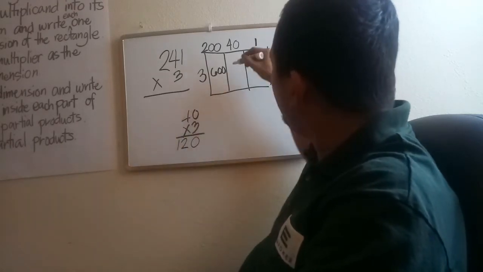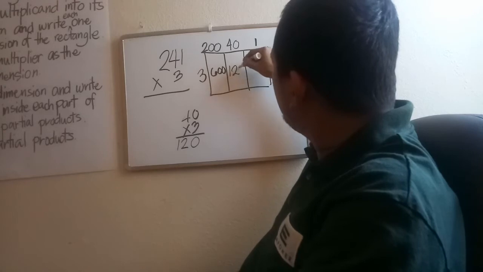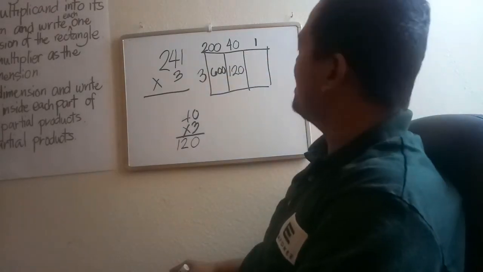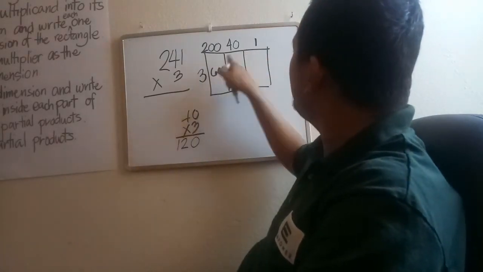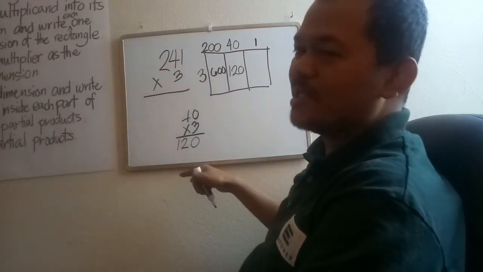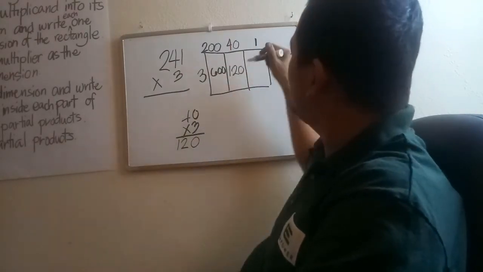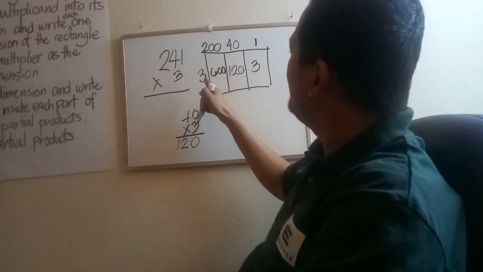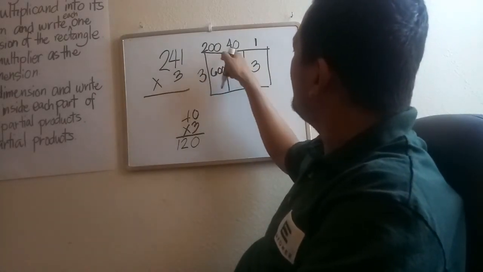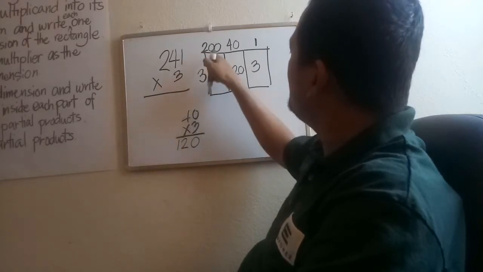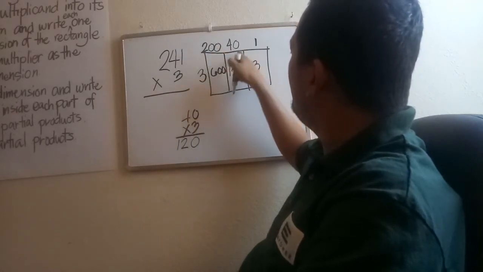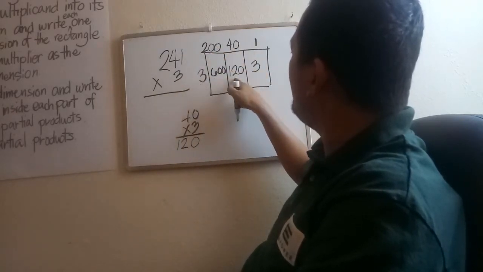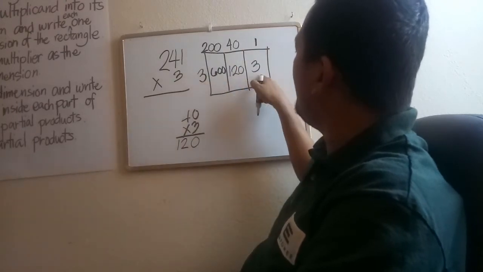So right here 120. Okay, next. 3 times 1. How much? Let's count by 3. 3. So you got here 241 times 3. For 200 times 3 equals 600. 40 times 3 equals 120. 1 times 3 equals 3.